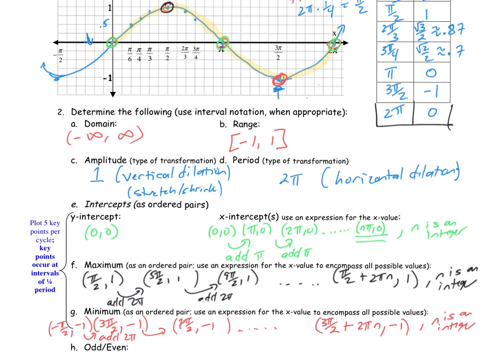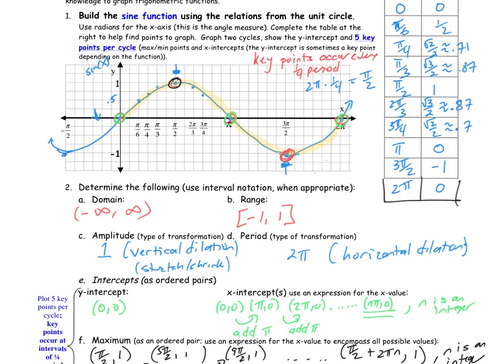In terms of symmetry, is this function even, odd, or neither? We talked about this in terms of identity, so we've done this before in a different context. But in terms of symmetry, if a graph is even, it's symmetric with respect to the y-axis. If it's odd, it's symmetric with respect to the origin. So looking at this graph, let's say I take the point (pi over 2, 1).